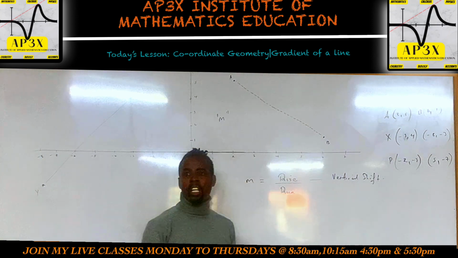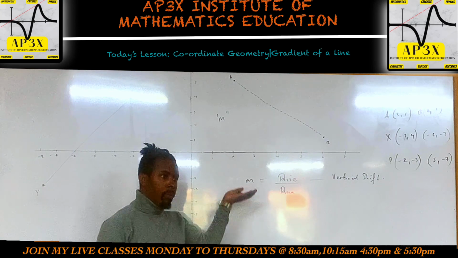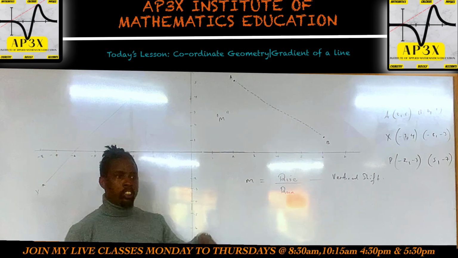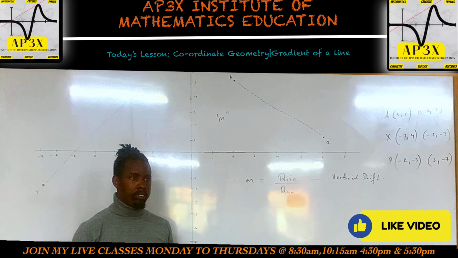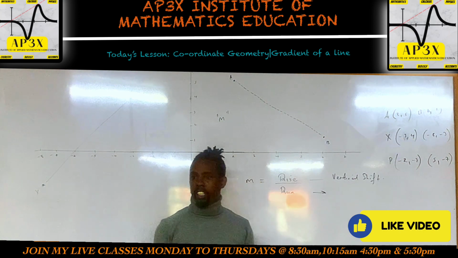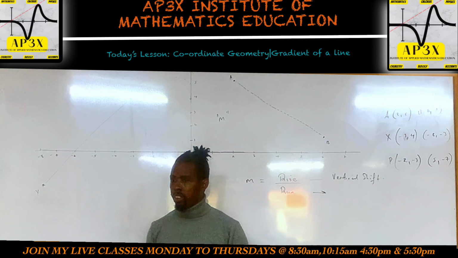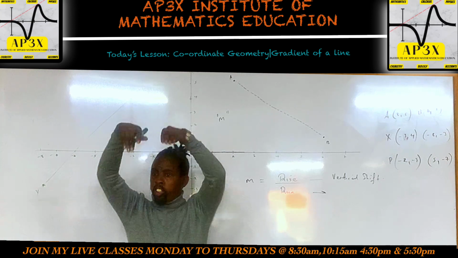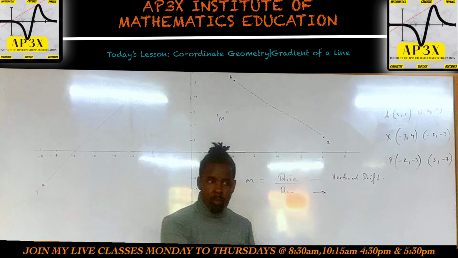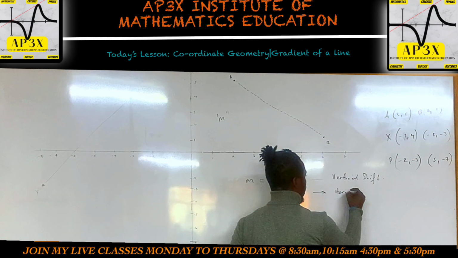And a vertical shift can mean that it's going down or going up. If it's going up, it is positive, and if it's going down, it is negative. The run, again, is self-explanatory as well, because if you're running, you cannot run straight up or straight down. You have to run on a horizontal surface, where there's no steepness. So the run is what we call a horizontal shift.